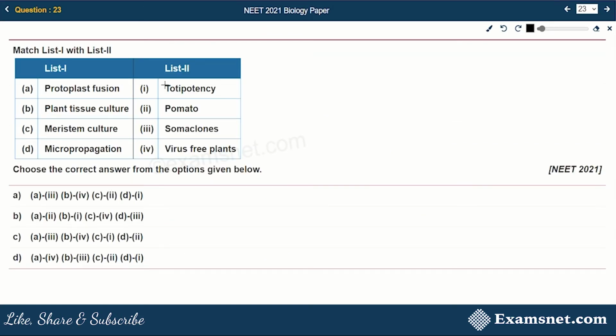Question number 23 is from the chapter Strategies for Enhancement in Food Production, class 12, and here we have to match list 1 with the correct option in list 2. So this question is related to the topic tissue culture. What is tissue culture? It is basically a technique through which we can grow a whole plant body using a part of the plant or cell of a plant which is taken and grown in a test tube under special conditions, right?